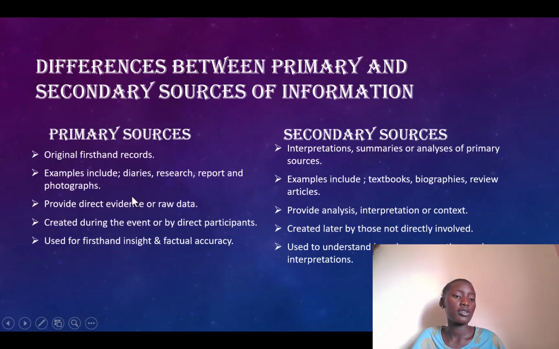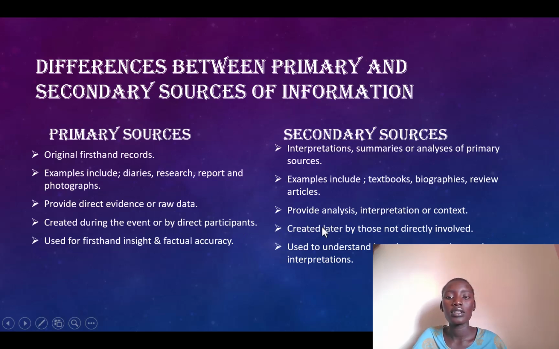Primary sources also provide direct evidence or raw data, while the secondary sources provide analysis, interpretation, or context. Primary sources are created during the event or by direct participants.